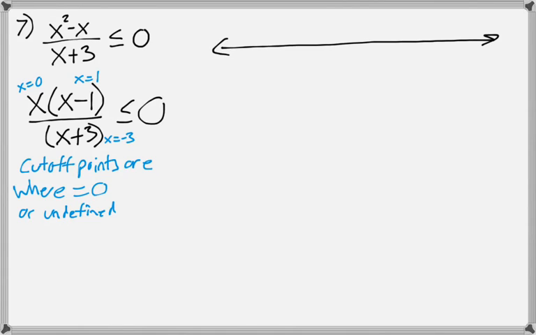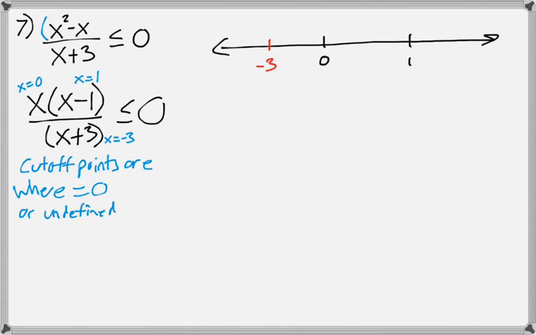So on my cutoff points, I'm going to have 0 and 1, and the negative 3 I'm going to put in a different color just because it's an undefined cutoff point, which we need to be careful about. So we do need to type the original equation into our y1.